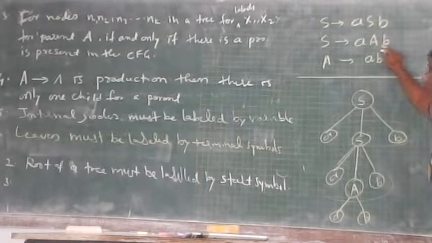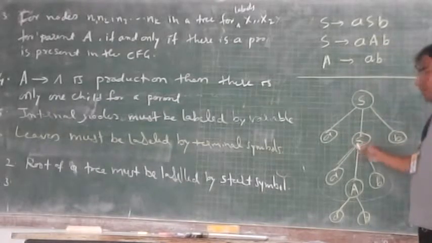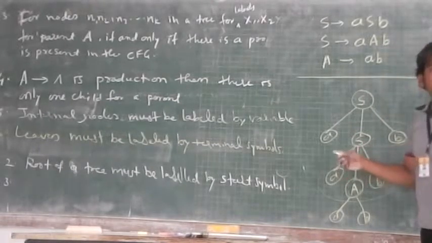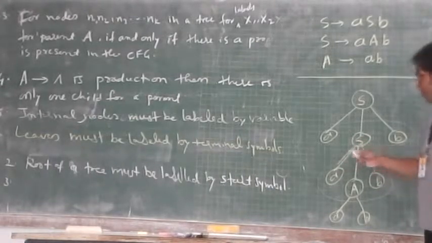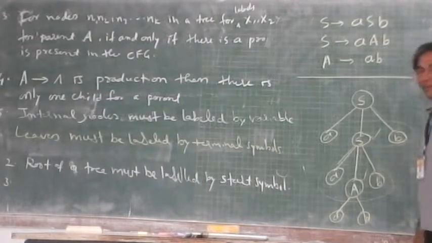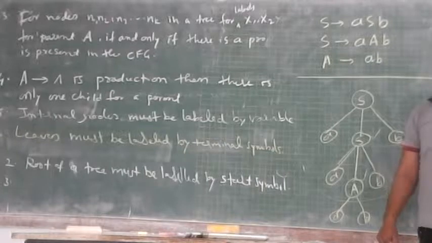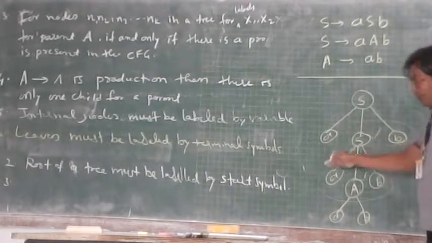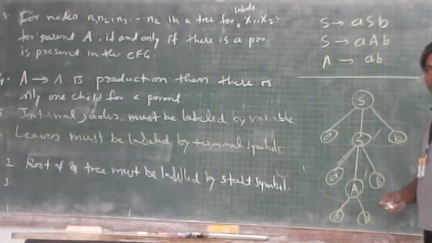Getting it? So what are the next rules? All internal nodes must be non-terminals or variables. You see, this is an internal node and this is an internal node. These are labeled by a variable. And all leaves are labeled by what? Terminals.